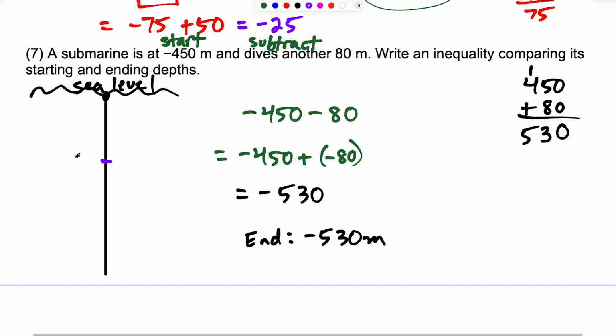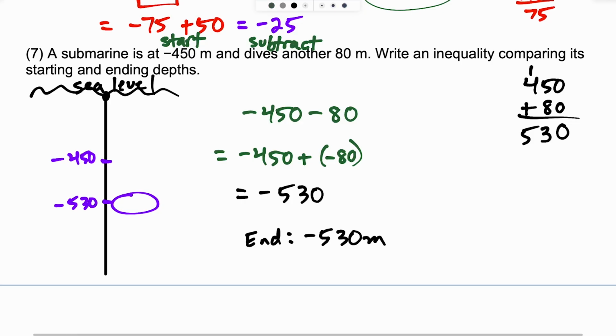So we're at negative 450. And then let's just say this is our submarine over here. So the submarine dives another 80 meters. So it goes down more like this, and it lands at negative 530 meters.